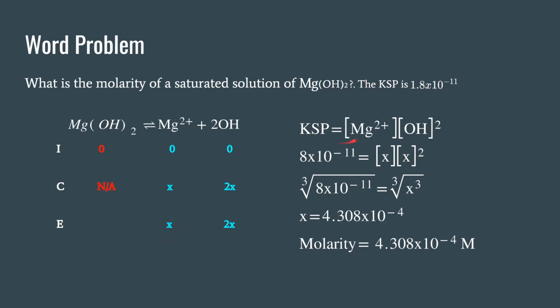You write the KSP expression, which is that right there. Then you basically fill in algebra. I don't think I need to explain how to do algebra for you guys. And you get the molarity of 4.308 times 10 to the negative 4 moles.